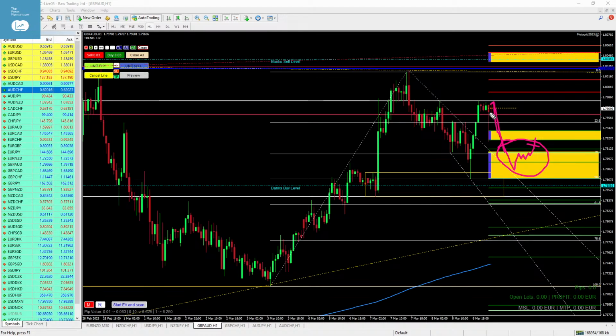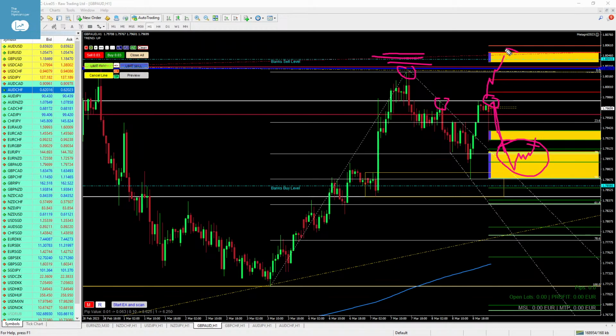But I expect more or less that it comes over this white line and that it wants to take out this last lower high, and then it wants maybe to take out this one, because I think a lot of stop losses should be placed above here, and so maybe the big players in the market who want to catch these orders need to push the price up into this area.